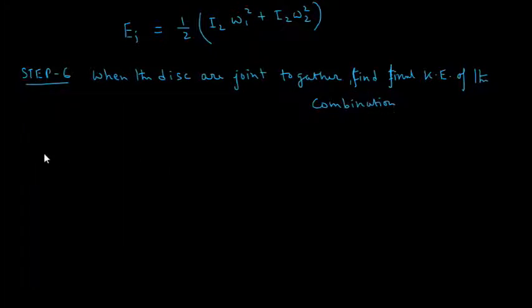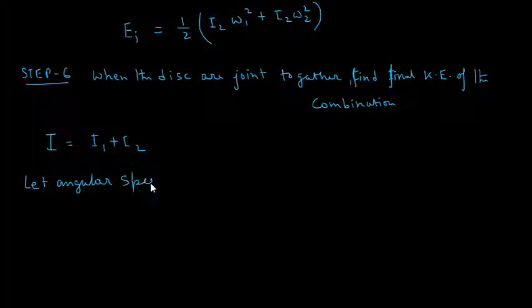Okay. Now, when the disks are joined together, the total moment of inertia will be I1 plus I2. Let the angular speed be equal to omega.